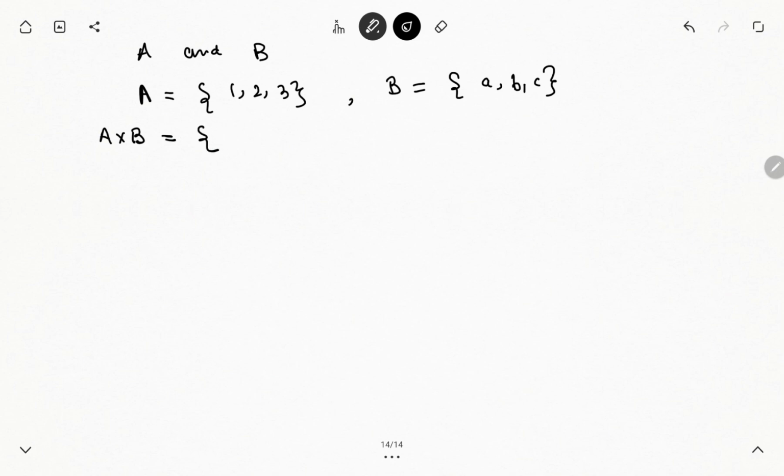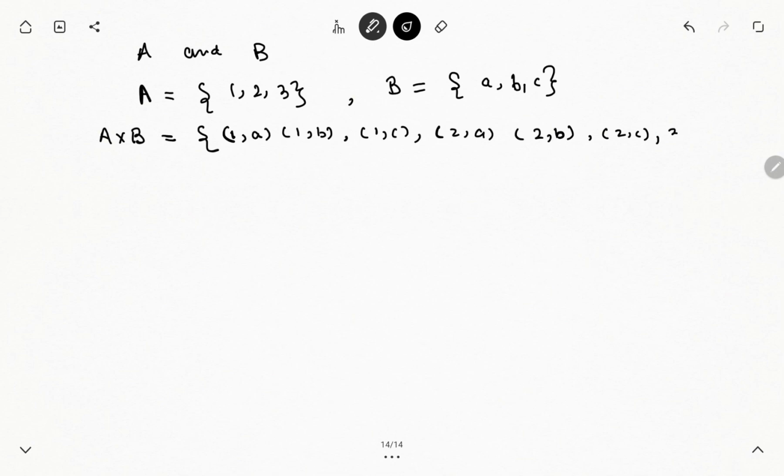It is the set of all ordered pairs. We are taking A first, so we are going to write down elements of A first. 1A, 1B, 1C, 2A, 2B, 2C.